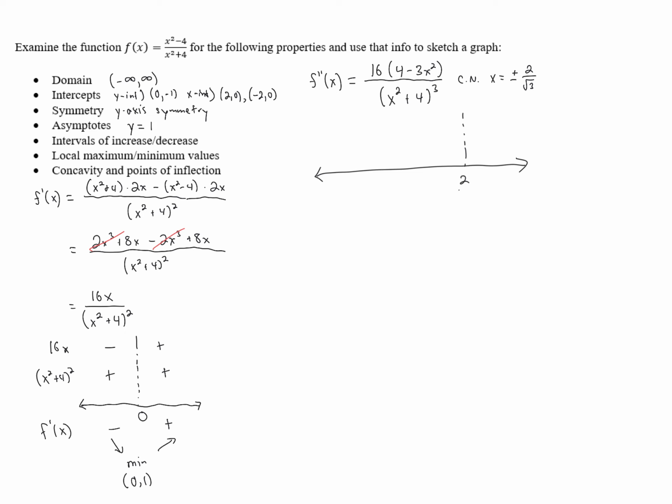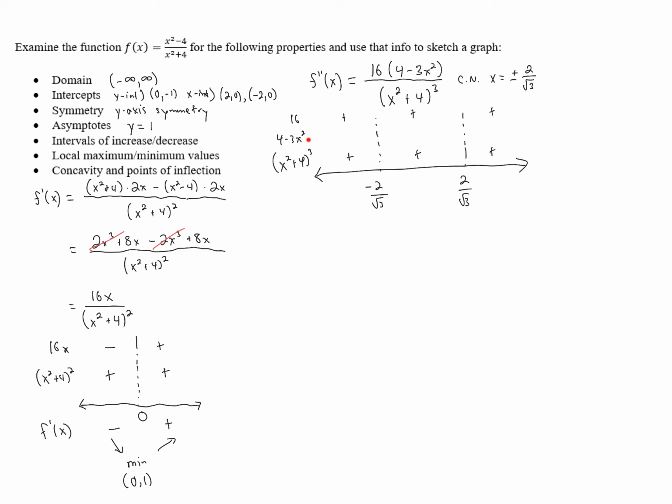We've got 2 over root 3 and negative 2 over root 3. If we look at our factors, 16 is always positive. We will have to put some thought into 4 minus 3x squared, but then that denominator is also always going to be positive because x squared plus 4 is always positive.